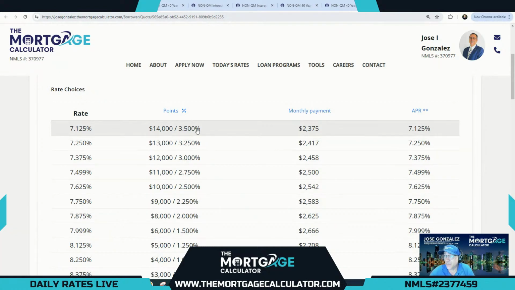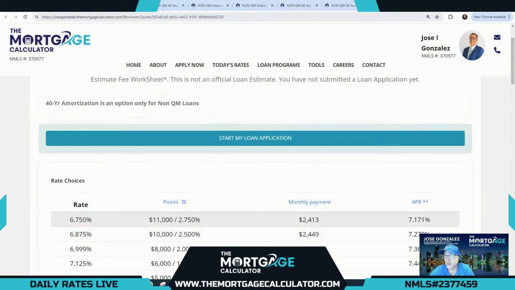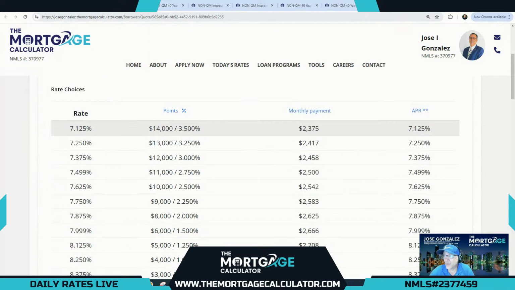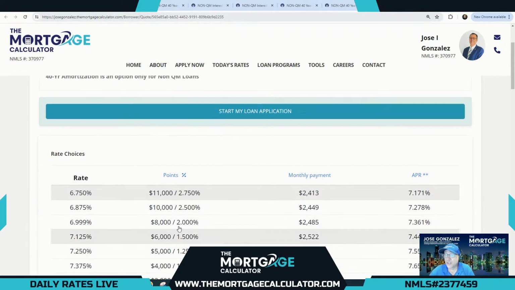So, the 7.125 is 23.75 interest only, and over here is 25.22. So again, roughly, you got about a $130, $140 difference there in the payment, which is nothing to scoff at. But again, it does come at a higher cost, 3.5 points versus 1.5 points over here.